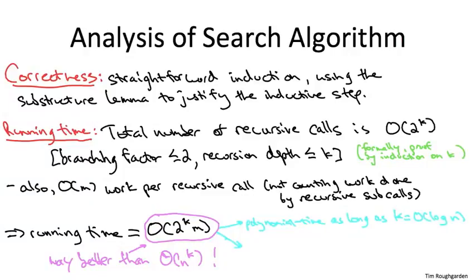So naive brute force search has very limited range of applicability. By contrast, our smarter search algorithm can accommodate a noticeably larger range of k's. Remember, the running time here is 2 to the k times the graph size. And so even for values of k up to 20, for many networks of interest, you're going to be able to implement and run this algorithm in a reasonable amount of time.